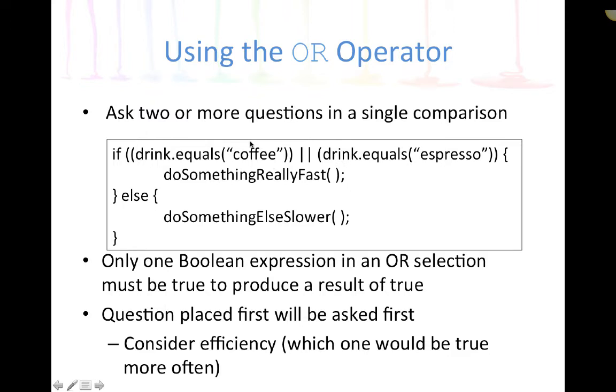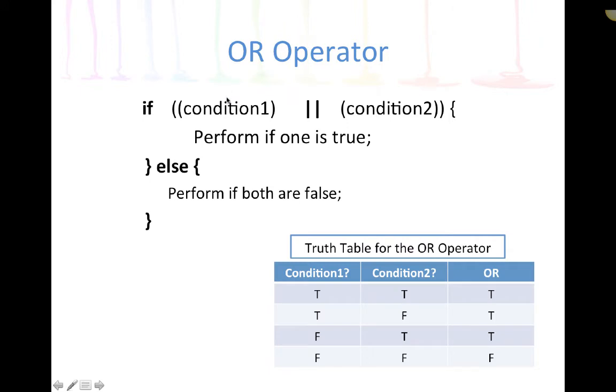Because in our OR situation, once a condition evaluates to true with an OR, you can see that it will always be true. So if condition 1 is true, the whole statement evaluates to true. If condition 2 is true, the whole statement evaluates to true. The only way that with an OR statement that the entire operator will evaluate to false is if both sections are false.